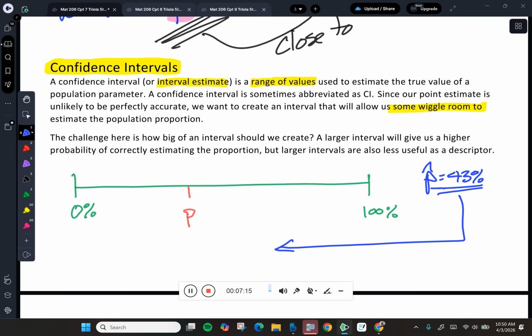And let's just for argument's sake say that our sample was a little high, and that's where P hat is, right there. It's close, it's a pretty good estimate. But rather than just 43%, let's make a little interval around it.